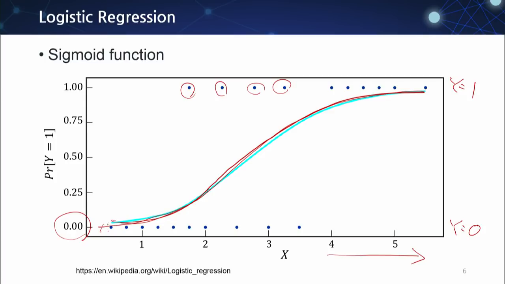As x increases, initially there is not much difference, but at a certain threshold, it increases rapidly. Then it saturates at 1. So even though x is very large, this value is still 1. So we call this S-shaped curve the sigmoid function.